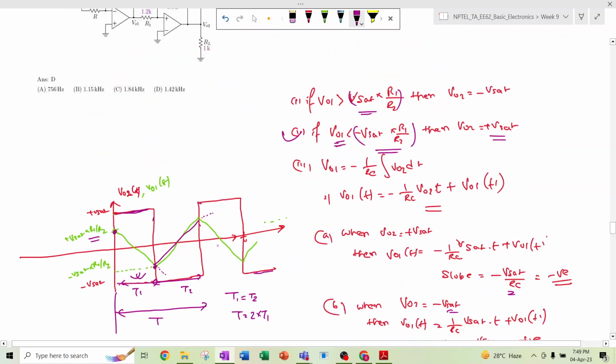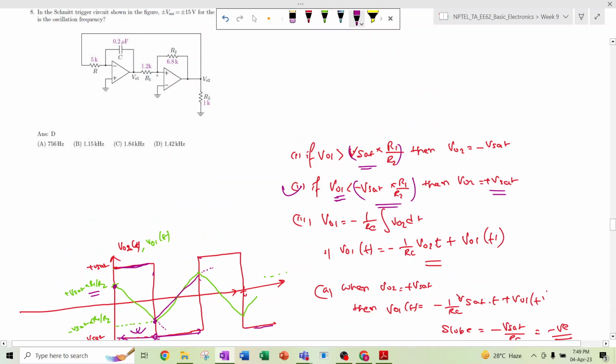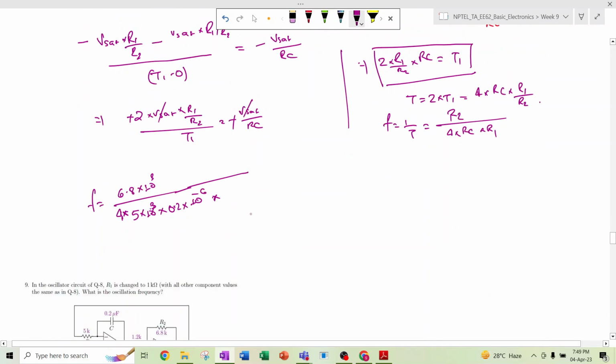R1 is how much? R1 is 1.2k, right? So it will be 1.2 into 10 cube.